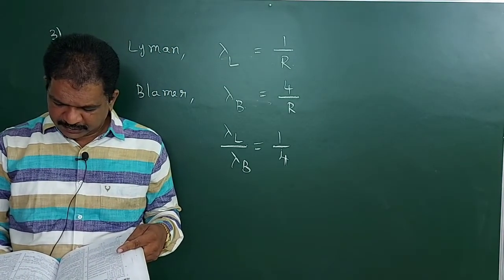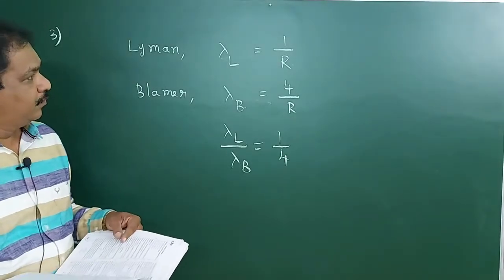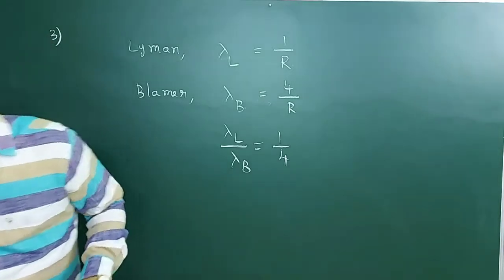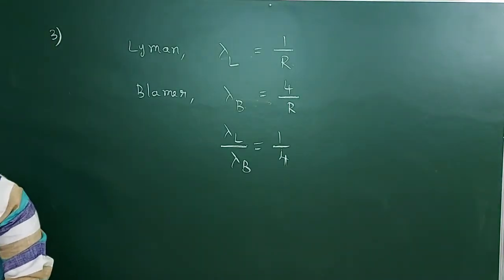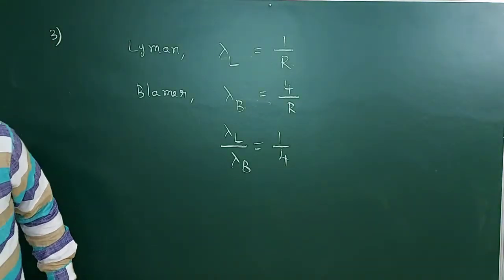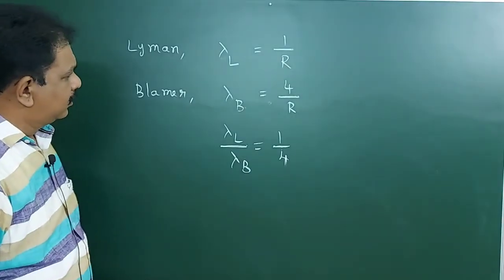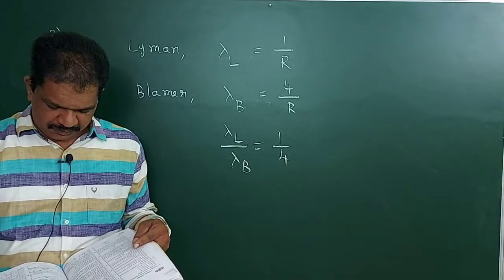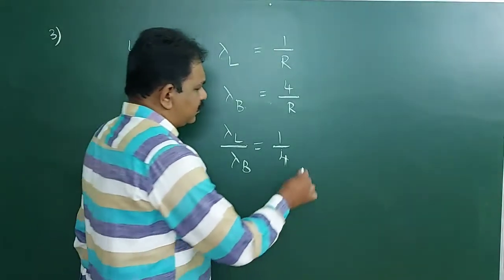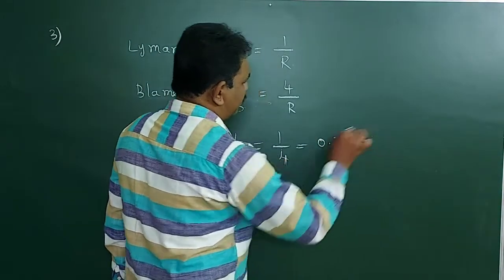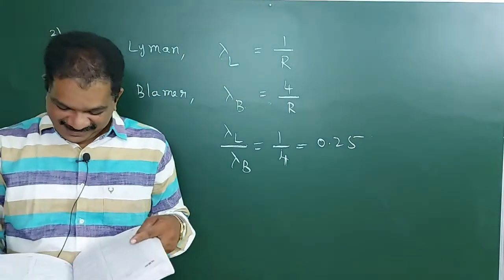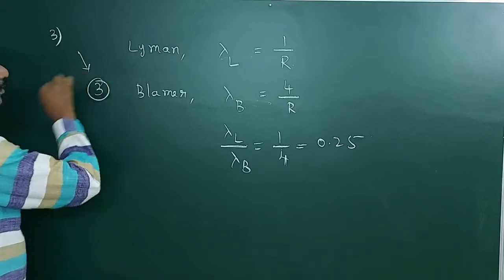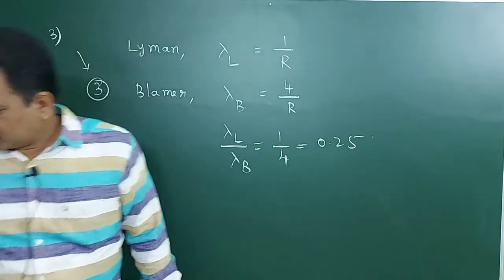How much value are we getting? This is 1 by R, 4 by R, they are asking for minimum wavelength, 1 by 4, correct? So this value will be 0.25. Okay, next, the third one will be the third option. Next, the fourth one.